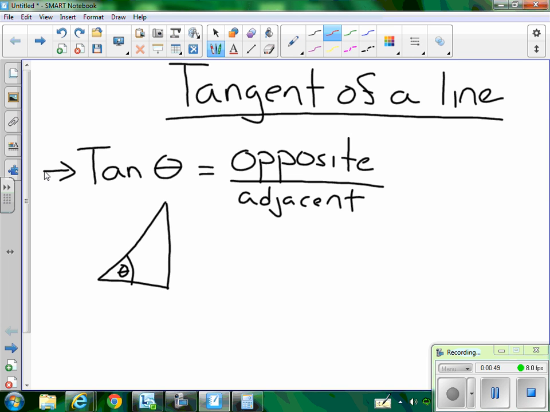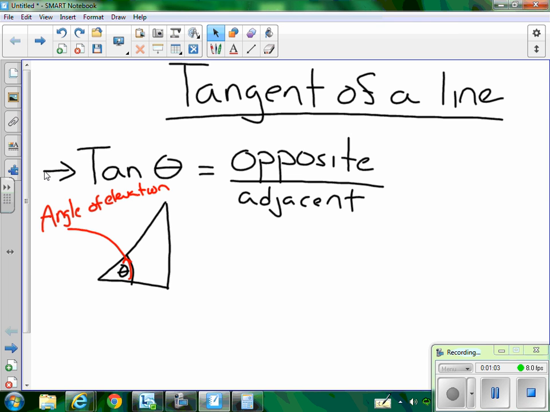Okay, so to define it, remember that the angle of elevation is the angle in which the line, or this line here, is elevated from the horizontal plane, or this line here. And so to calculate the angle of elevation, what we need to do is use this formula.